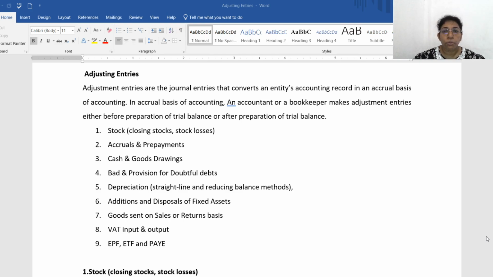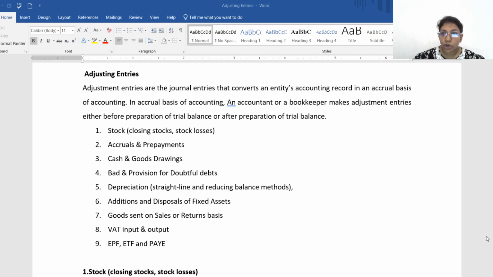An accountant or bookkeeper has to make these adjustment entries either before preparation of the trial balance or after preparation of the trial balance. You know this trial balance is the list of accounts which are recorded based on the dual entry concept.